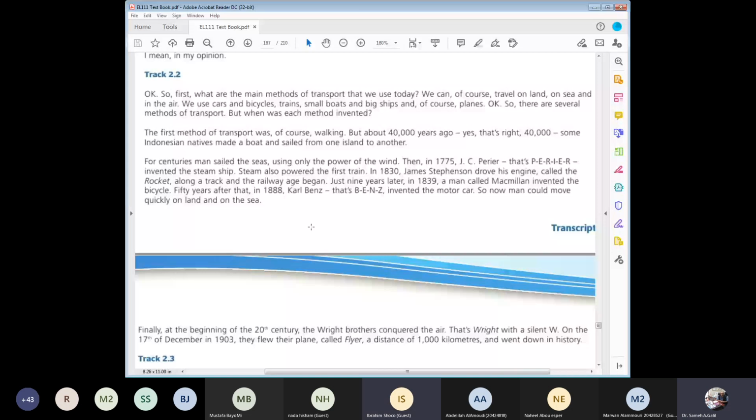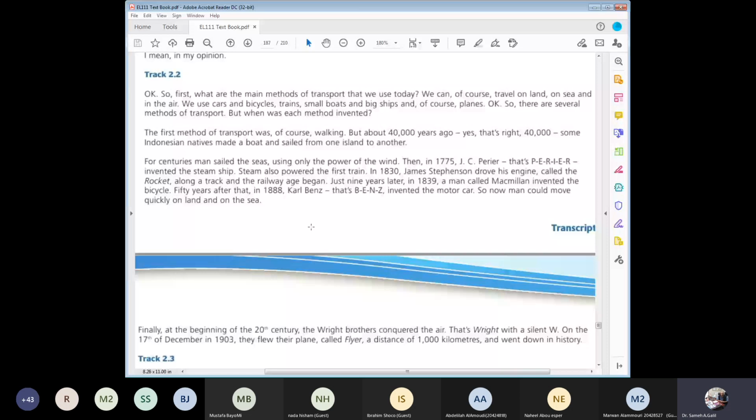When I say in 1830, so every time you have 4 digits, 1830, 1839, so you always have in. So with years, whenever you have a year, you have in, right?